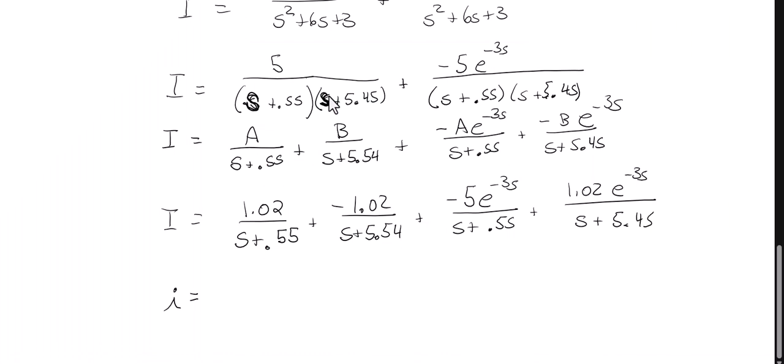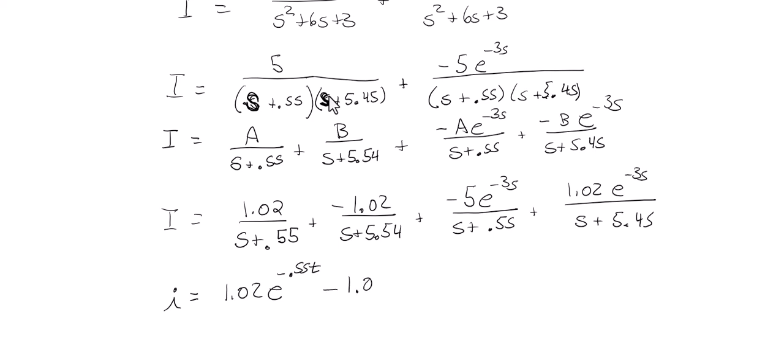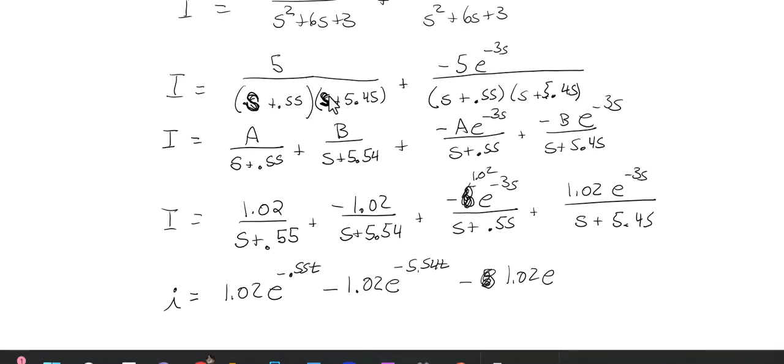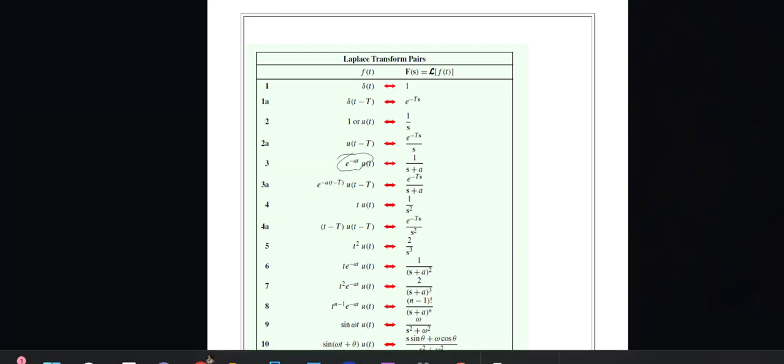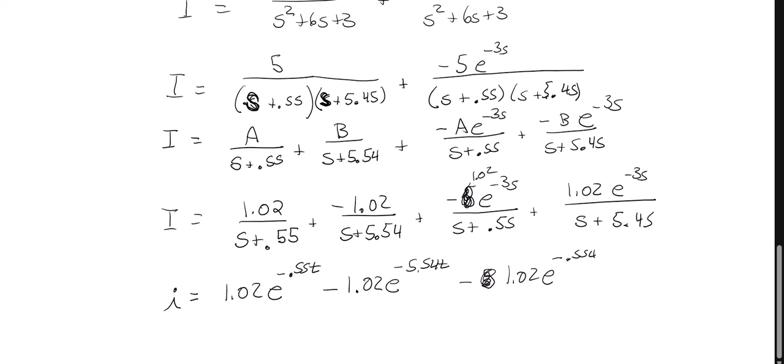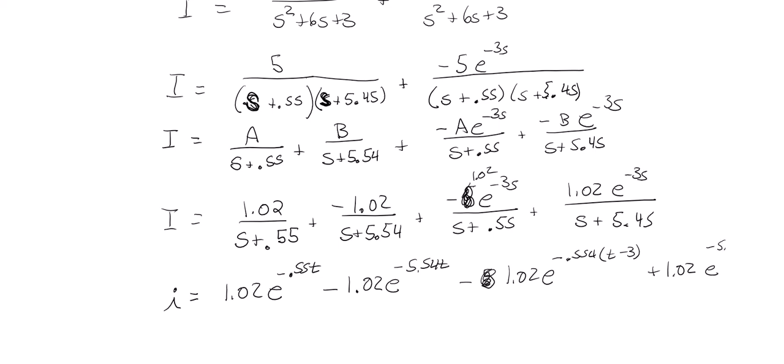So what we get is 1.02 e to the minus 0.55 t minus 1.02 e to the minus 5.45 t, minus 1.02 e to the minus 0.55 times t minus 3, and that 3 is just coming from that, plus 1.02 e to the minus 5.45 times t minus 3.